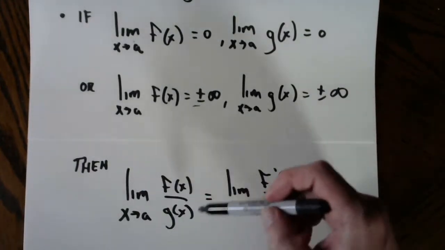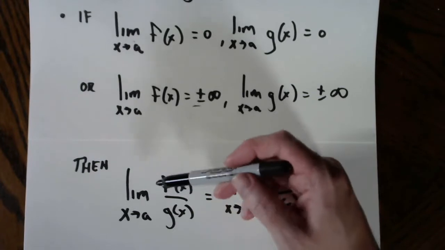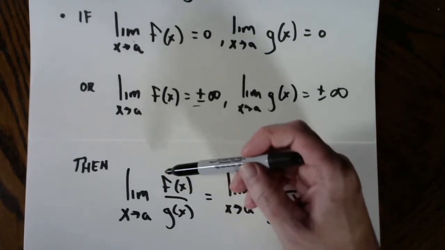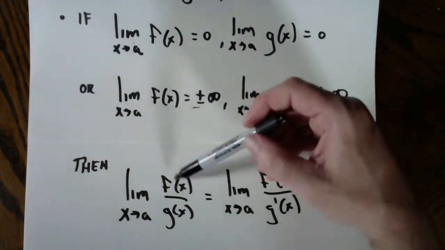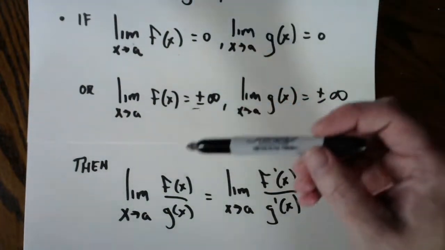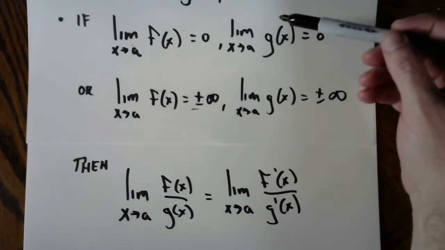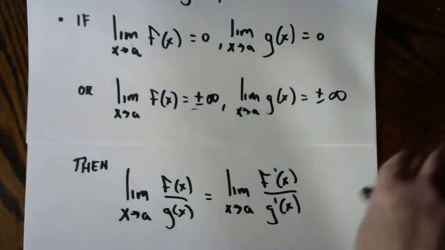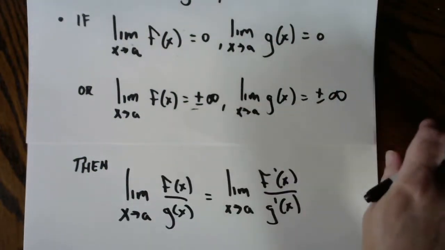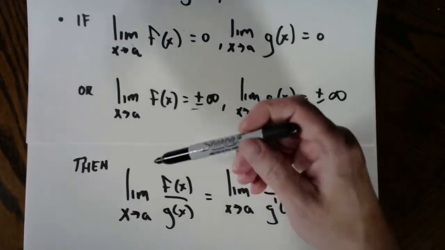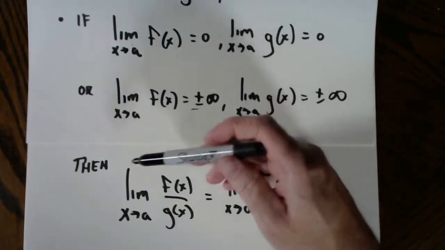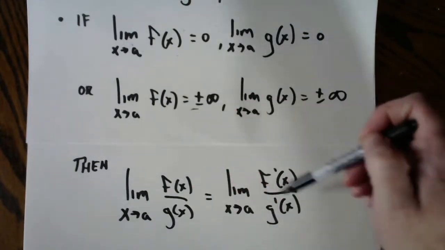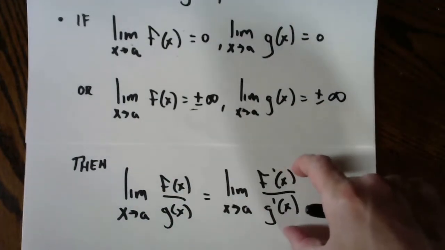Well, if I look at this situation, f over g, the first example I did, it was exactly this, right? The top was going, I'm calling the top f, that went to 0, the bottom g, that went to 0. Okay, we went through a factoring process to find the limit. This is telling me that I can do this instead. I can find the limit of the function by taking the derivatives of the top and bottom.